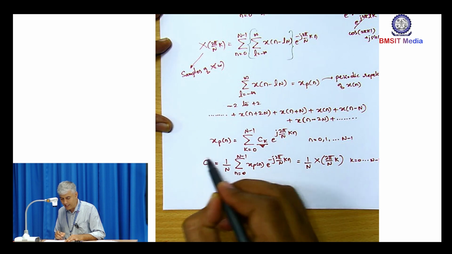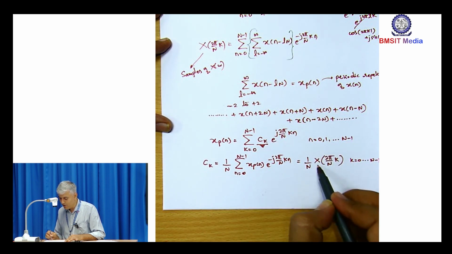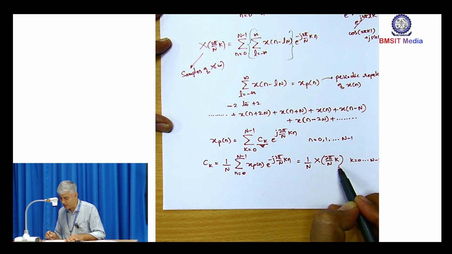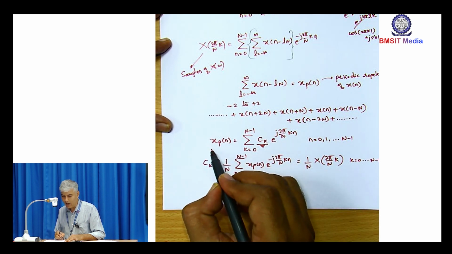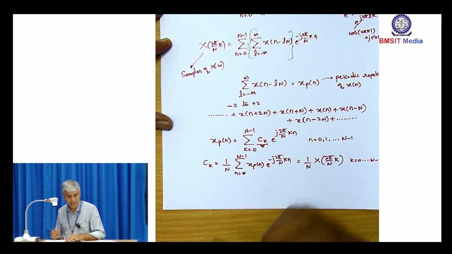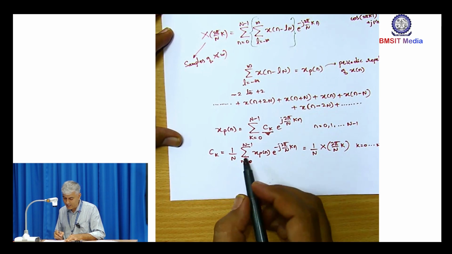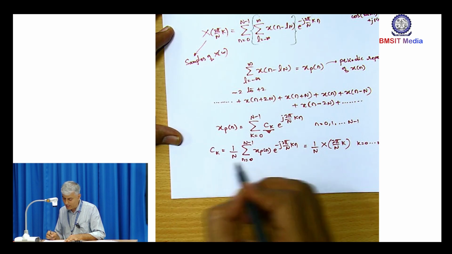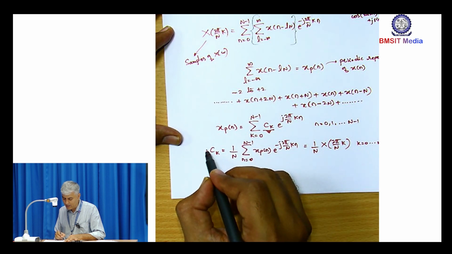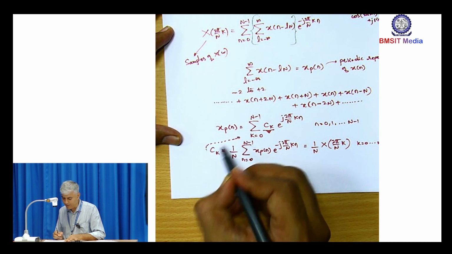So ck can be obtained if you have the Fourier domain representation, and if you have the Fourier coefficients, then you can obtain the time domain representation. So the idea being conveyed is that I substitute this ck back into the previous expression.